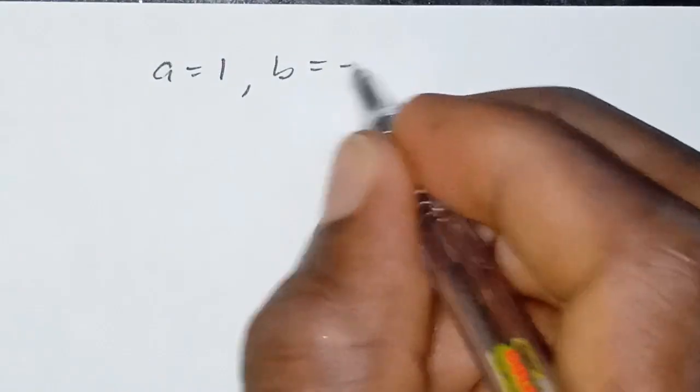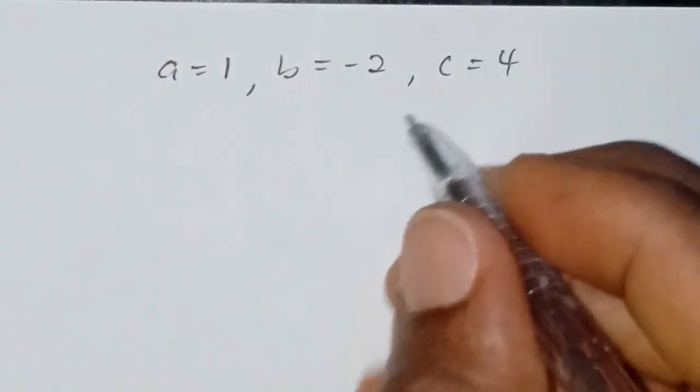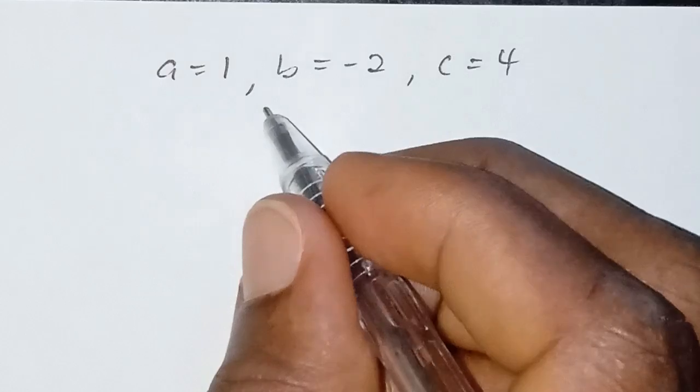This simply means that a equals 1, b equals minus 2, then c equals 4 from the quadratic equation.